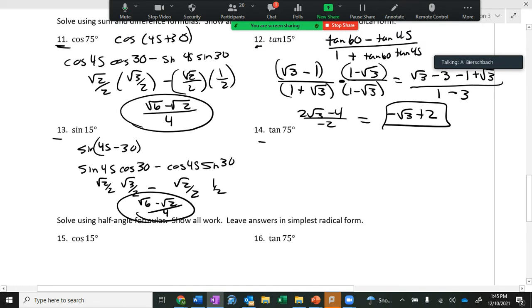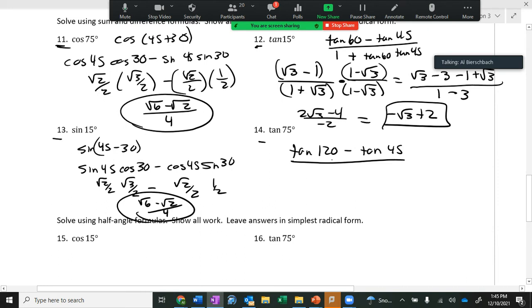The tangent of 75, I would use the tangent of 120 minus 45. 120 minus 45 is, in fact, 75.